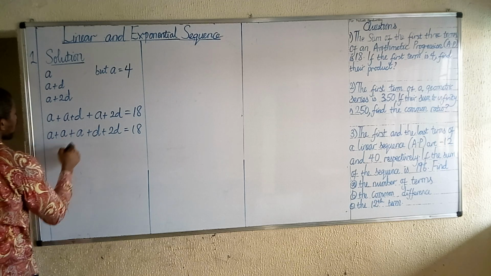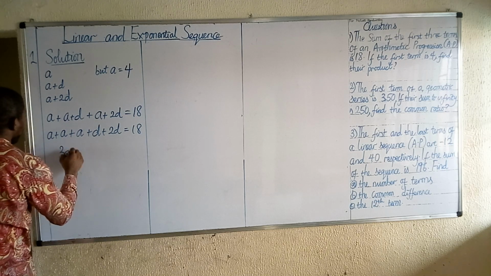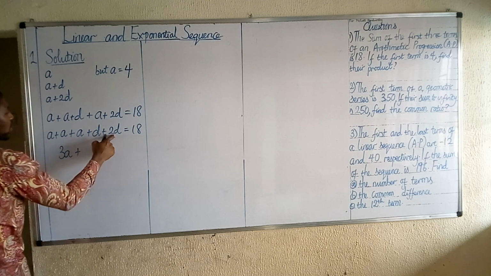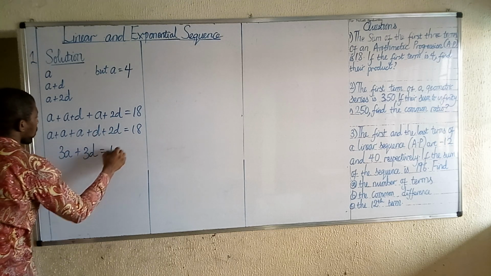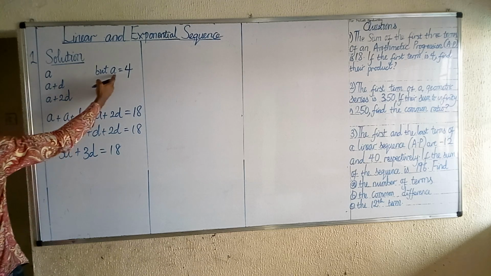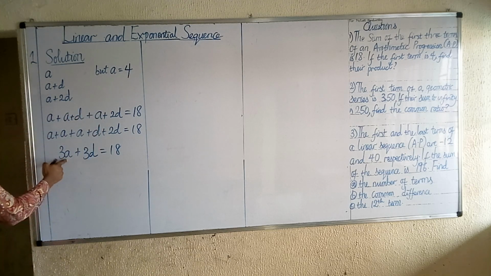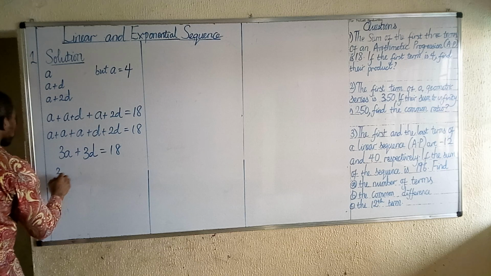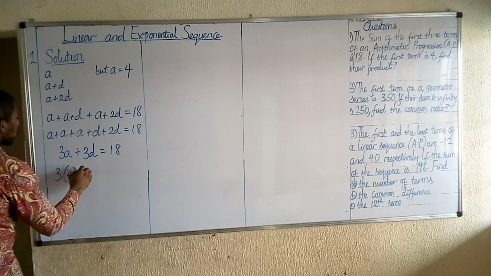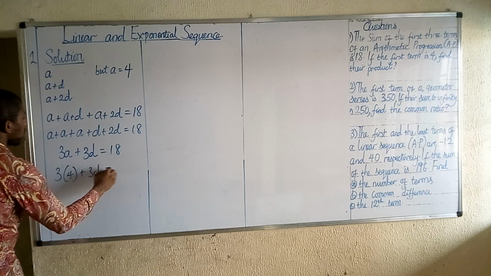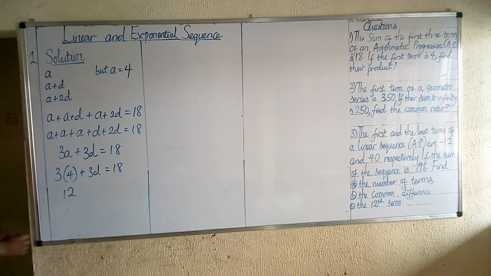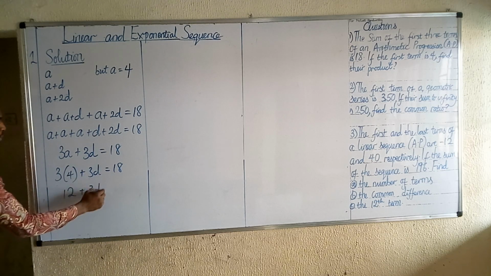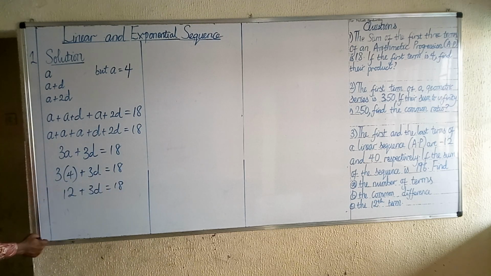A plus A plus A gives me 3A, plus D plus 2D gives me 3D, all equal to 18. Recall that our A is equal to 4, so I'm going to substitute for A here. This will now be 3 times 4 plus 3D equal to 18. 3 times 4 is 12, plus 3D equal to 18.